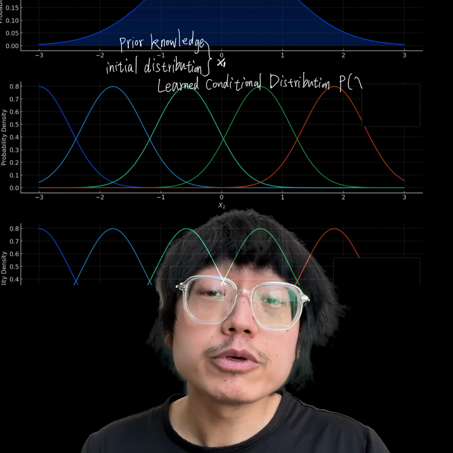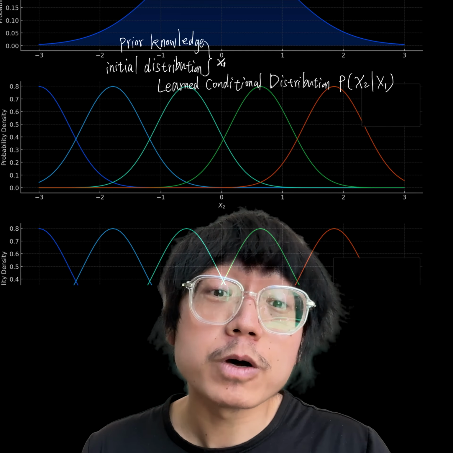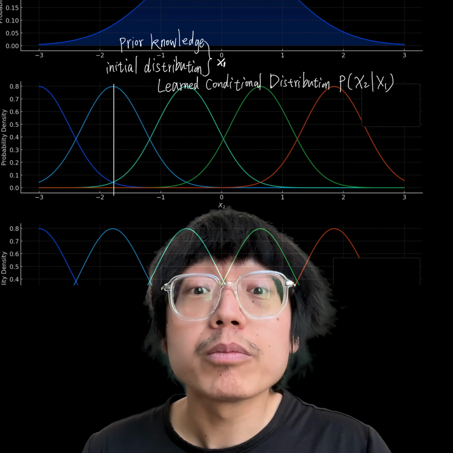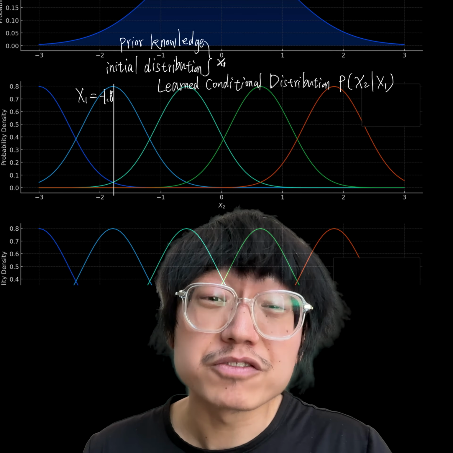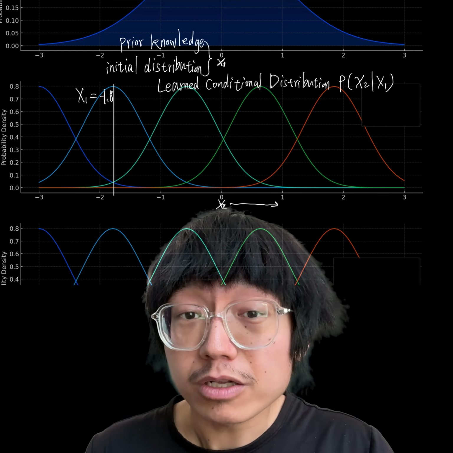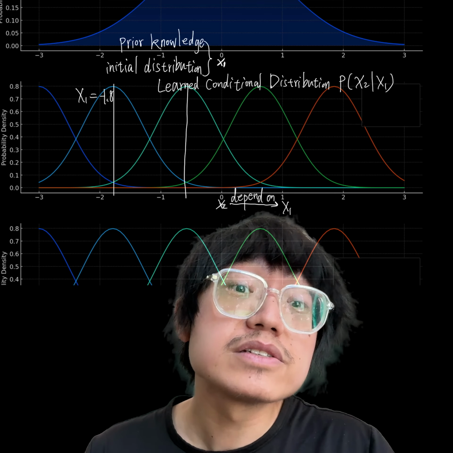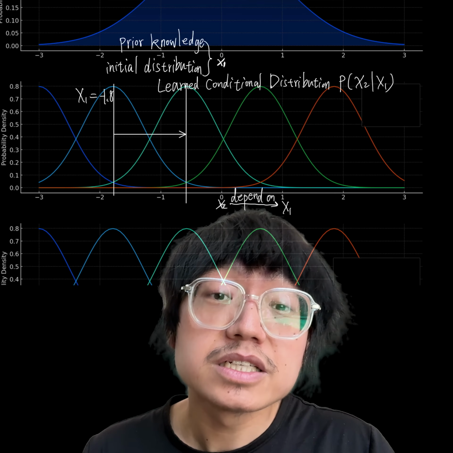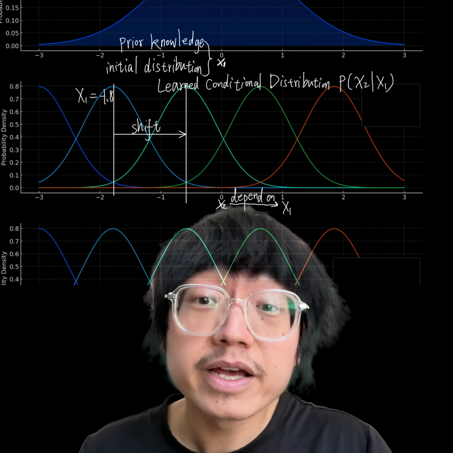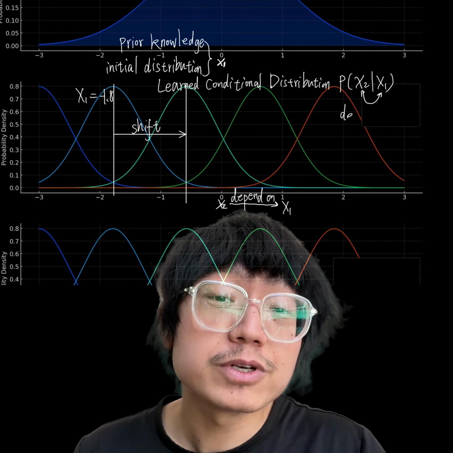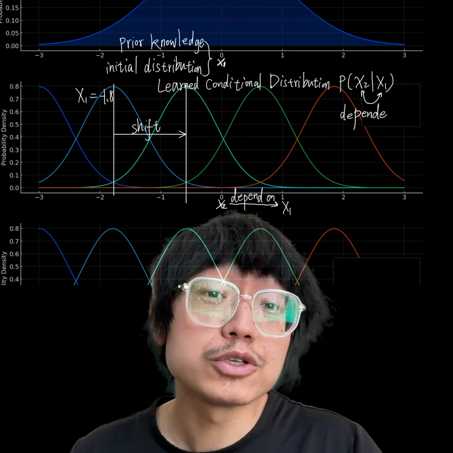For example, the distribution of x2 when x1 equals negative 1.8 is shown as one of the colored curves. So the model learns how x2 depends on x1. In this simplified case, the mean of x2 shifts depending on x1, illustrating the dependency between these two variables.